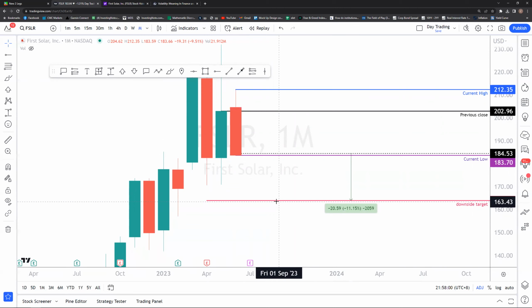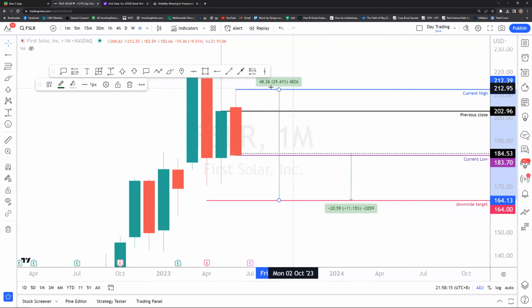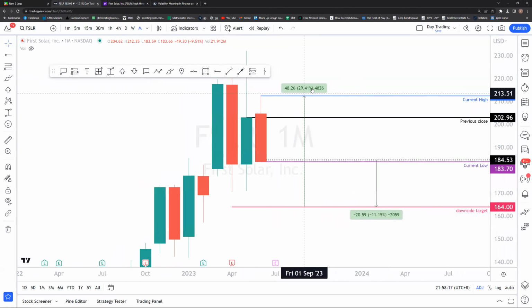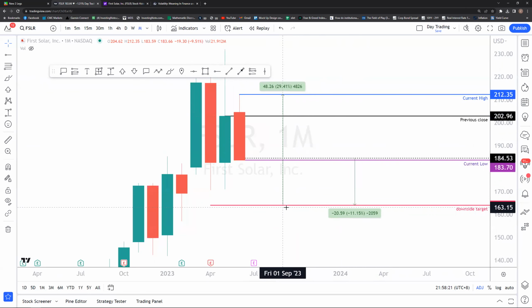By the end of June, what is the percentage of First Solar going all the way down and hitting 164? We are looking at the high to low line, from here all the way until this high. About this is 29% now. When you measure high to low, always measure from the bottom up, 29%.